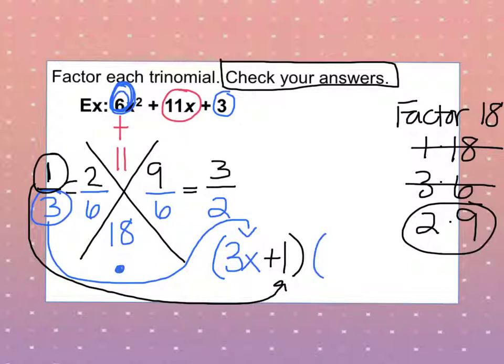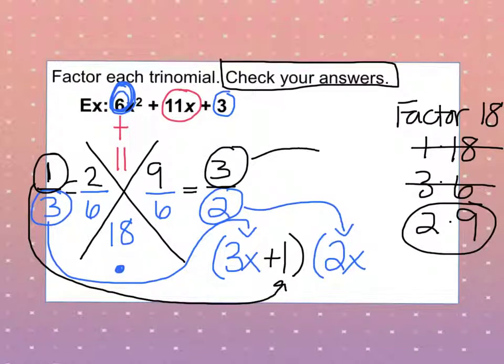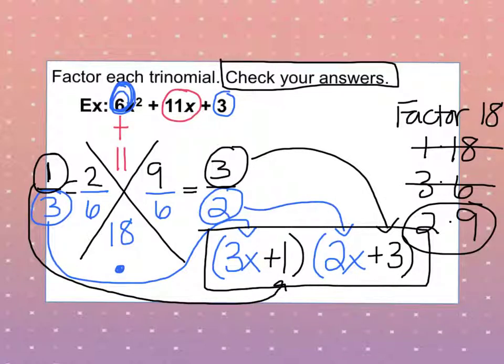For the second part, I take the 2, which is my denominator, and that goes first. So I get 2x, and then 3 is in the numerator, which goes second, and since it's positive, I put plus 3. Now on your own, you will multiply and make sure that we get this trinomial back by using the box method or distributive property.